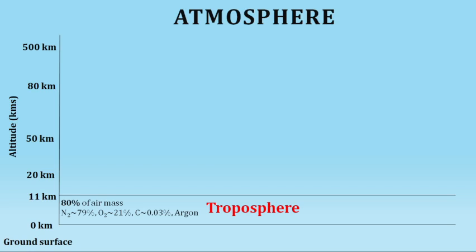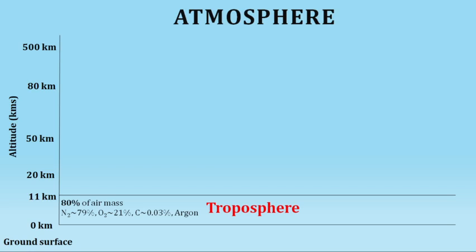And the gases which are available in the troposphere are nitrogen, which is present in maximum concentration, near about 79%. Then we have oxygen as the second highest concentrated gas in the troposphere, with a concentration of 21%.